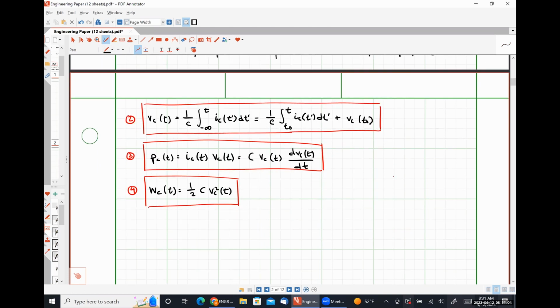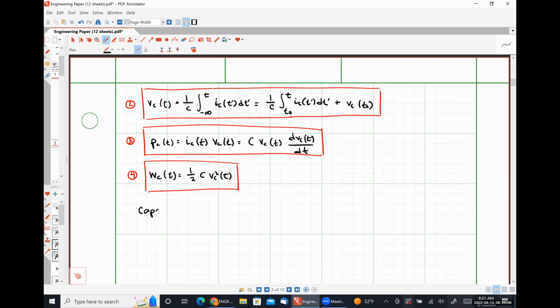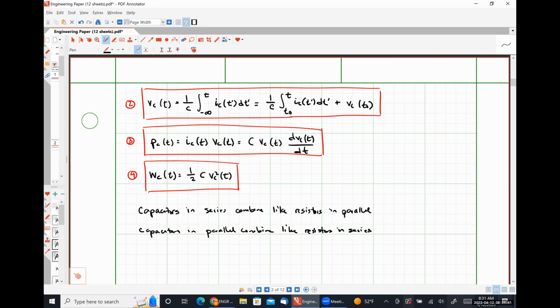We will see that capacitors in series combine like resistors in parallel, and capacitors in parallel combine like resistors in series.